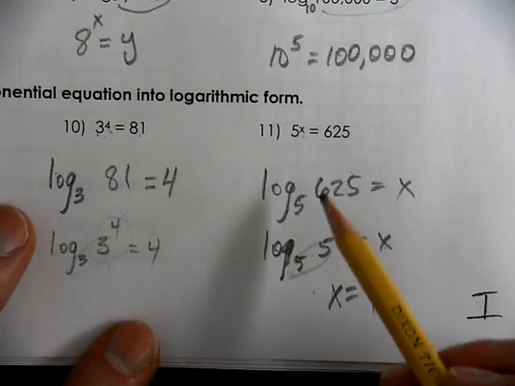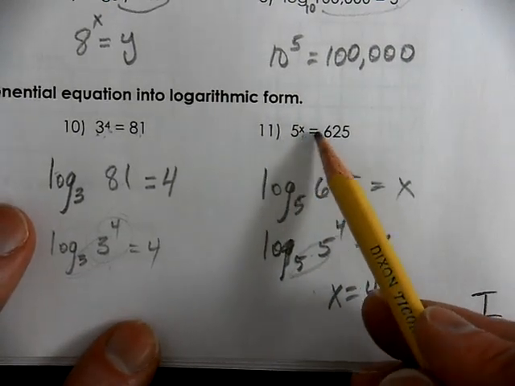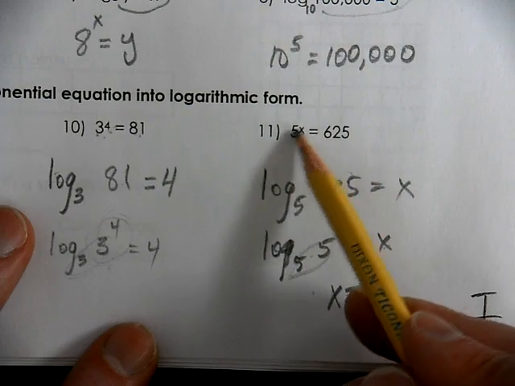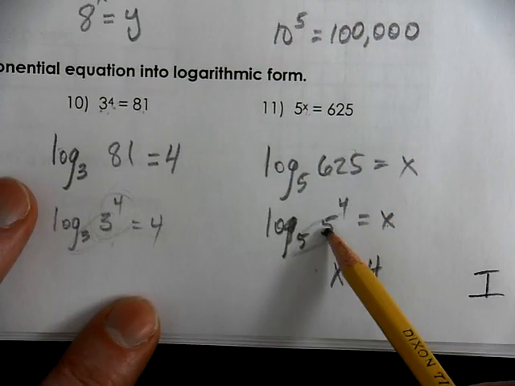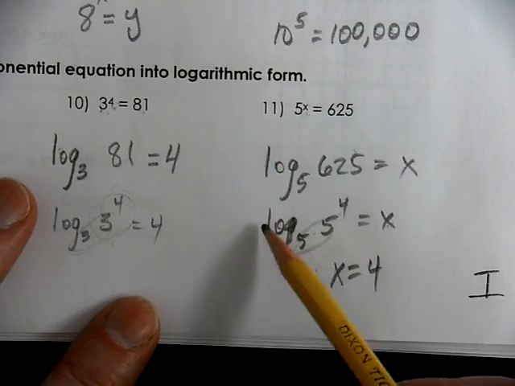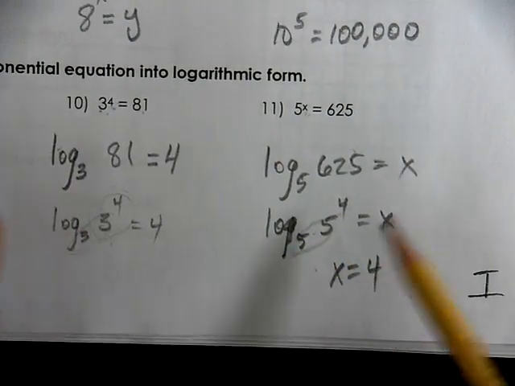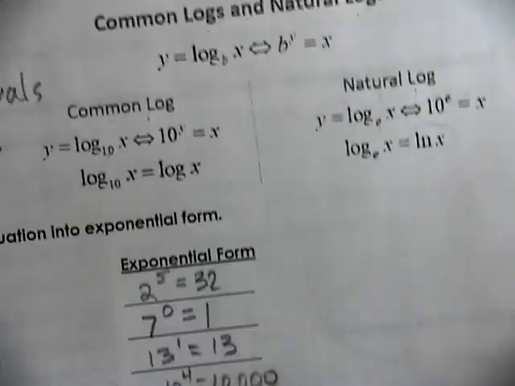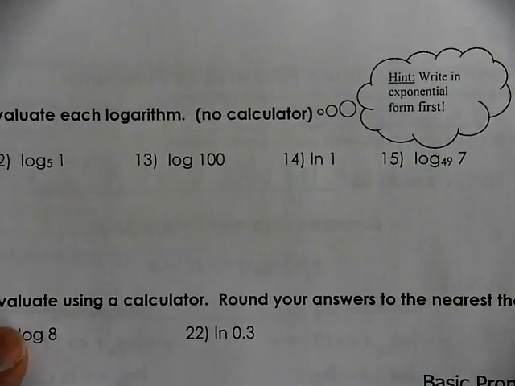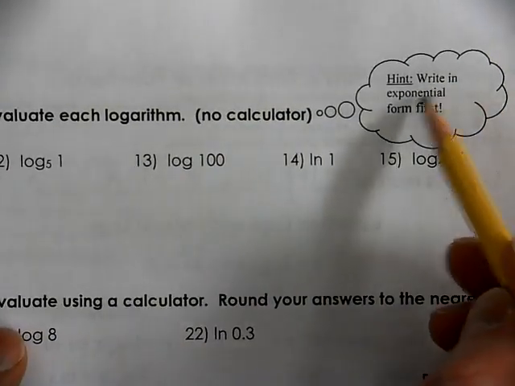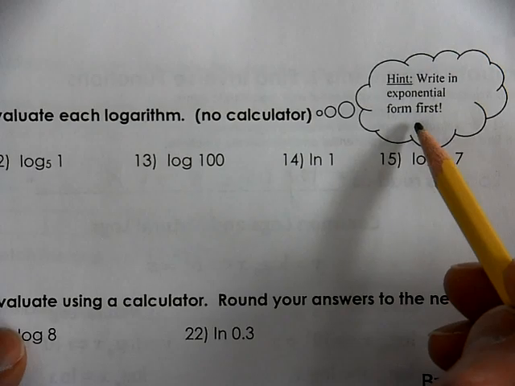So that's your first experience with actually solving for an exponent. You could probably mentally do that one. But that's learning how to use the word logarithm in a base and an equal sign. So if we're going to evaluate these, you're going to first write it in exponential form.